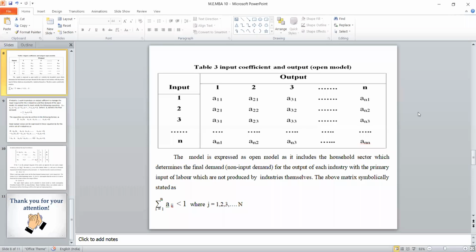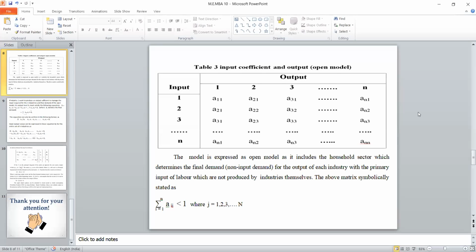So this 100 is divided among 10 industries, 10, 10, 10. So summation from 1 to n is nothing but 0 to 100, or 1 to 10 industries, represented by aij. Here i is the input, j is the output, which must be less than 1. It is in proportion only, where j is 1 to n.